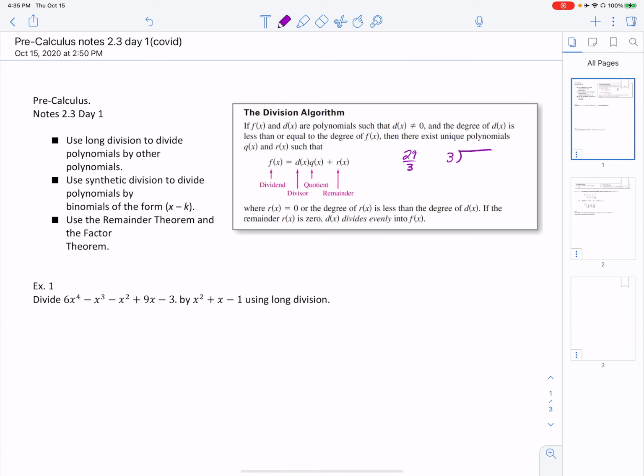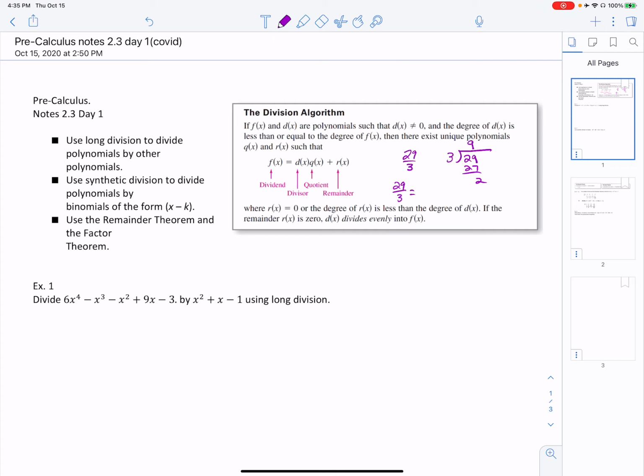3 would go on the outside, 29 goes inside, and then 3 goes into there 7 times, and you have a remainder of 2. Oh, I don't know why I wrote 7, sorry. I guess I was thinking 27. 3 goes into 29 9 times, because 3 times 9 is 27.